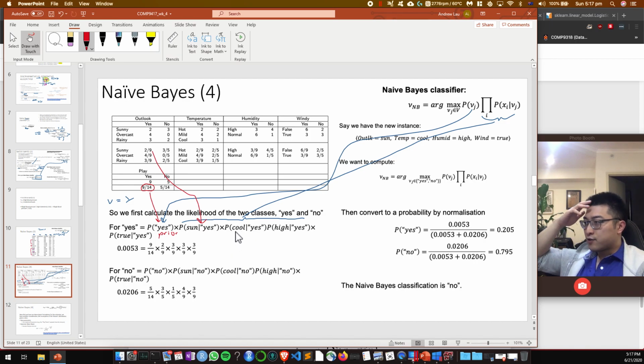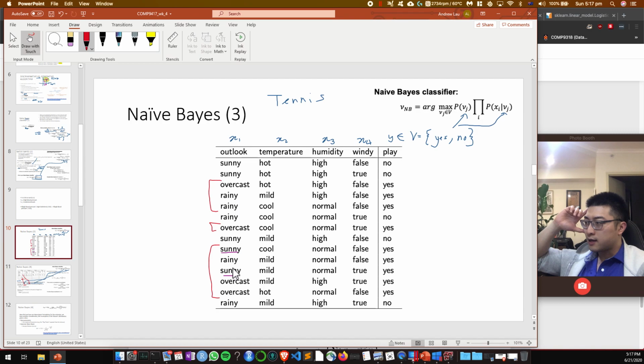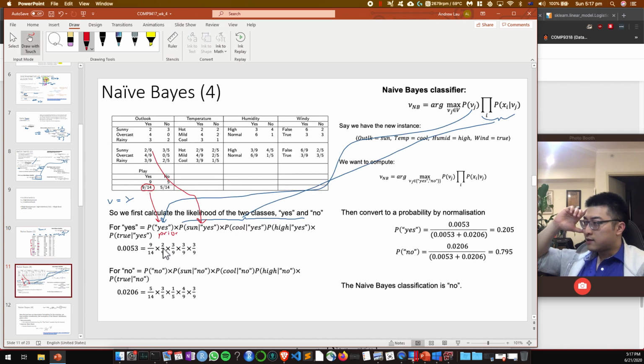We look at whether it's cool or not, whether the humidity is high or not, and whether it's windy or not. For cool, how many times is it cool? That's 1, 2, 3, so 3 out of 9. That goes into here.